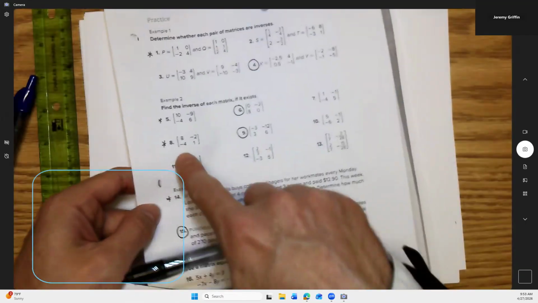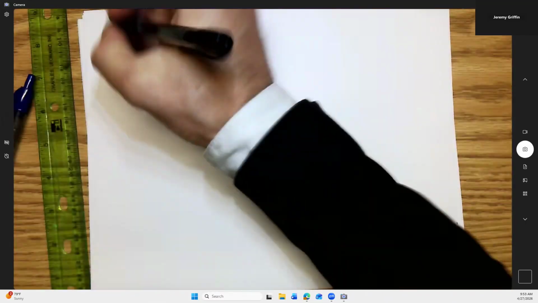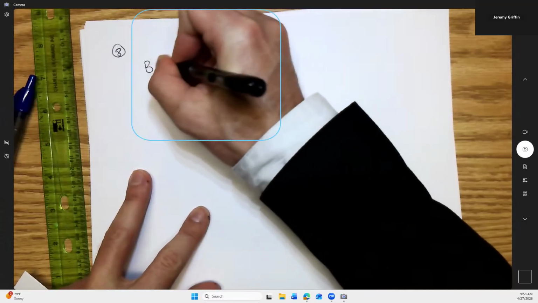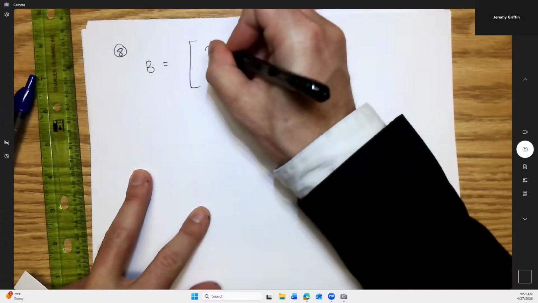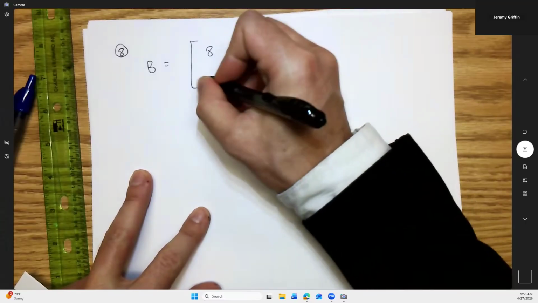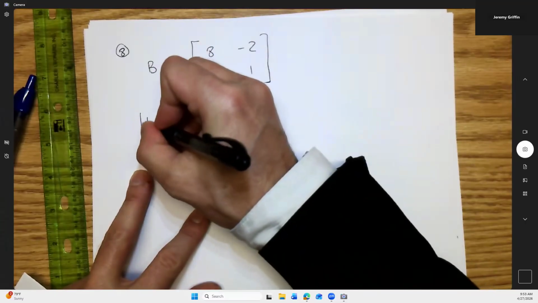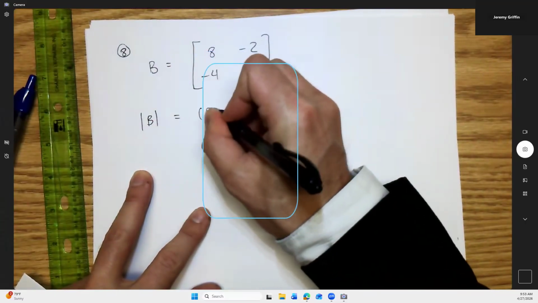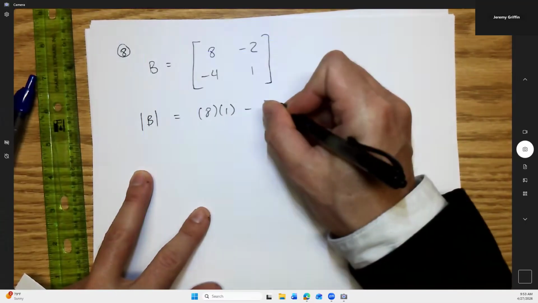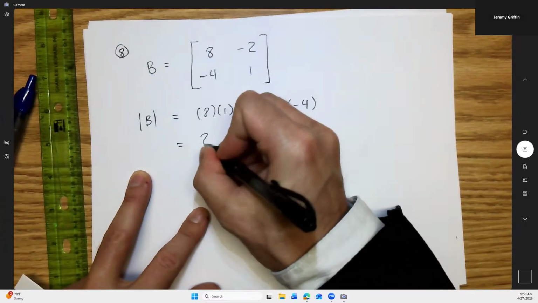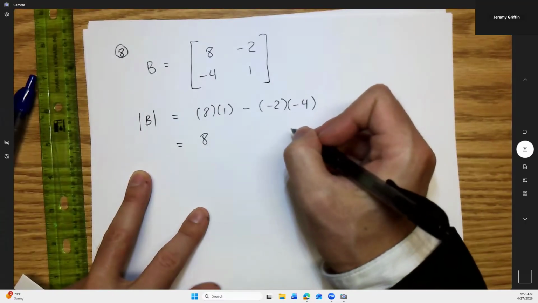All right, let's do basically another one of those. I got number 8 queued up here. I'll call this matrix B. We got 8, -2, -4, 1. Let's find the determinant of B. 8 times 1 minus -2 times -4.